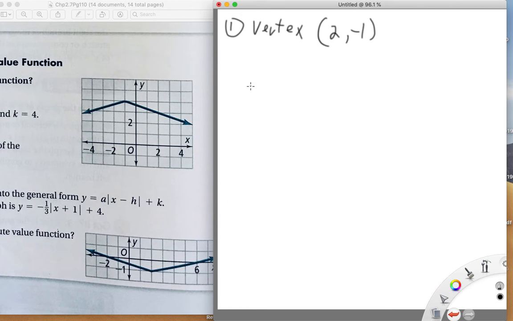That's my vertex. So I know that my h, or my axis of symmetry, is 2. K is negative 1.